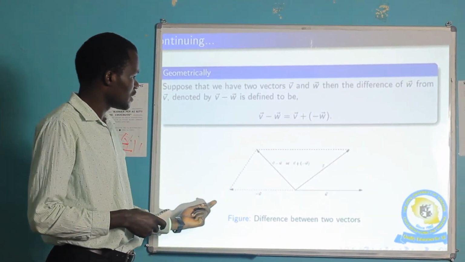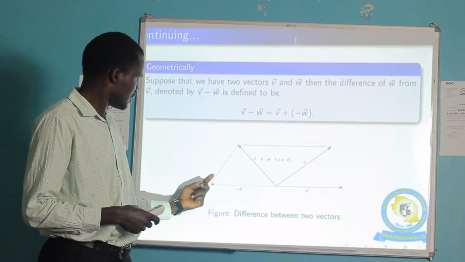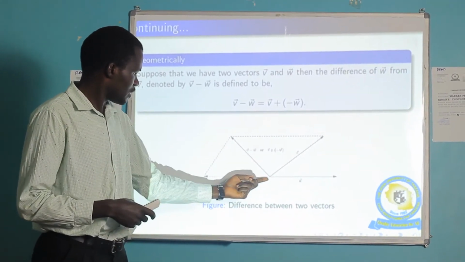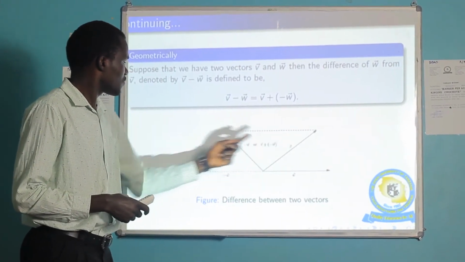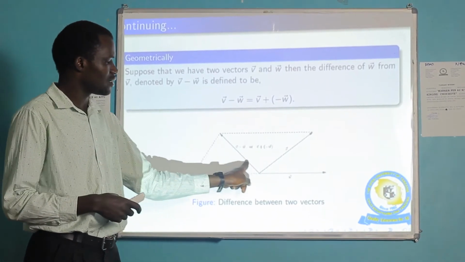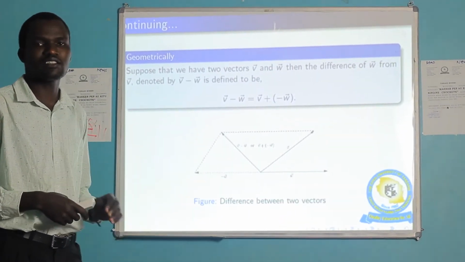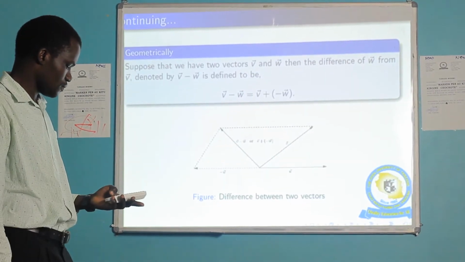And this vector is the same as this vector. So this one is the negative of this one. So this, the resultant, will give us the subtraction of two vectors.